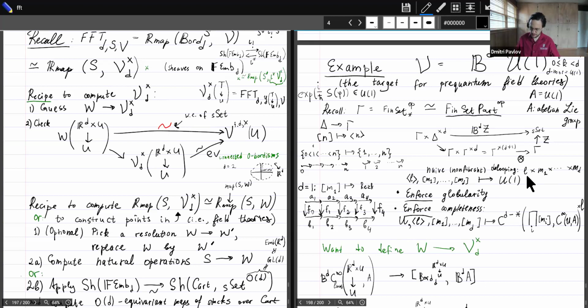because what you get from this naive composition will not be complete. For example, why is it not complete? Well, imagine you are looking at the object, for example, 1 in gamma, and then a bunch of zeros.